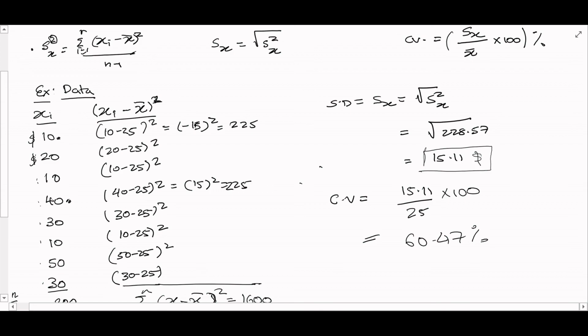So here you are basically saying that the average deviation is 15.1, but it is relative to the mean of 25. And this makes comparison across different standard deviations straightforward.